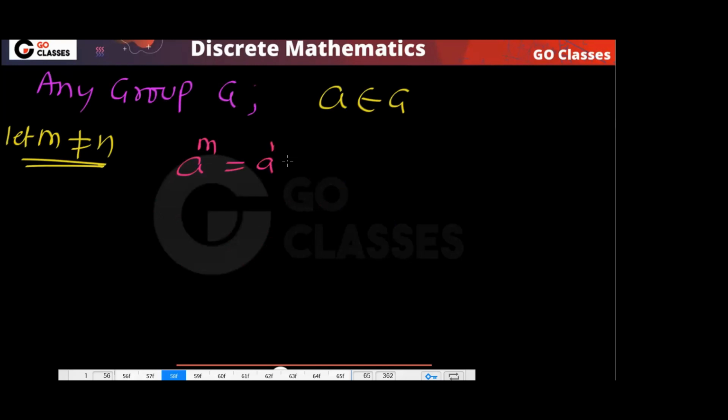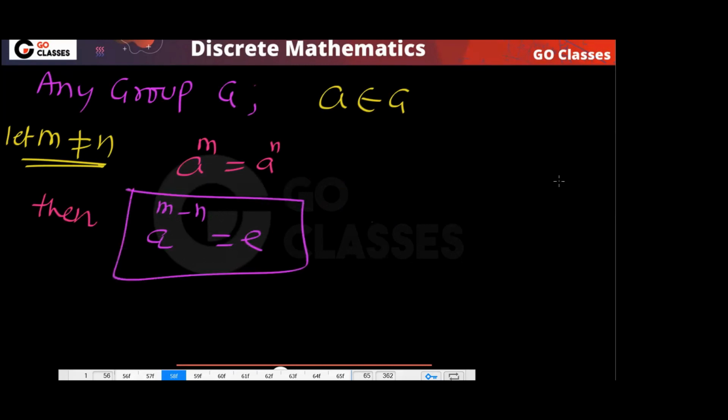Then what does it imply? It implies that a power m minus n will be the identity element. Yes or no? Correct or not?